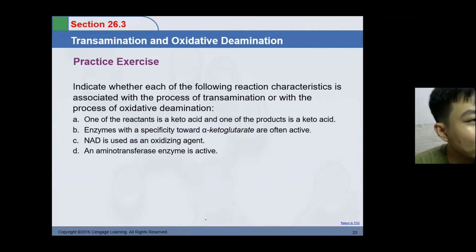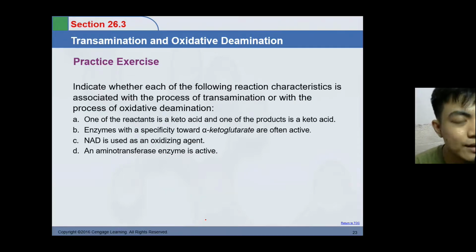Basahin natin to. Indicate whether each of the following reaction characteristics is associated with the process of transamination or with the process of oxidative deamination. Okay? Basahin natin letter A. One of the reactants is a keto acid and one of the products is a keto acid. Alam nyo na. Basta may keto acid, transamination yon.